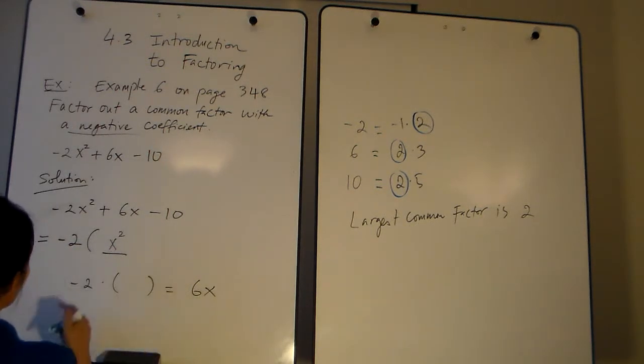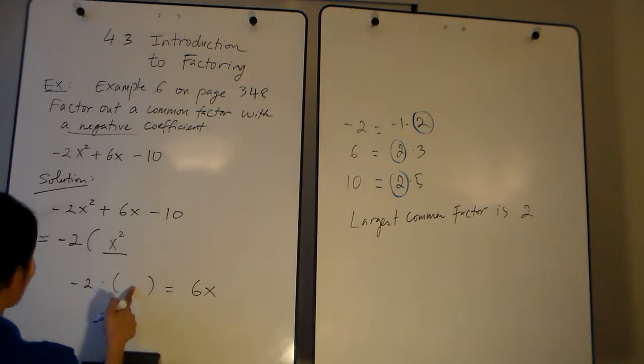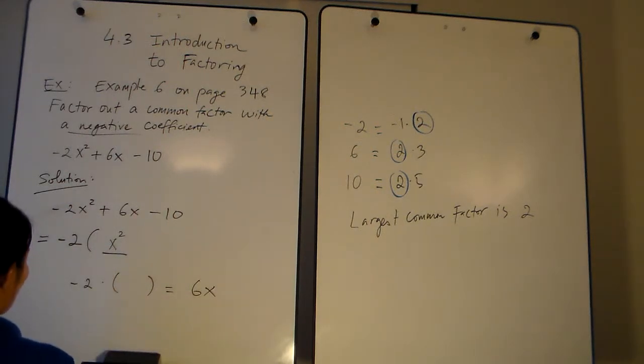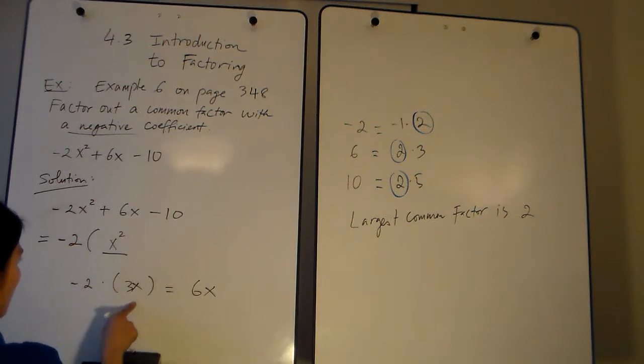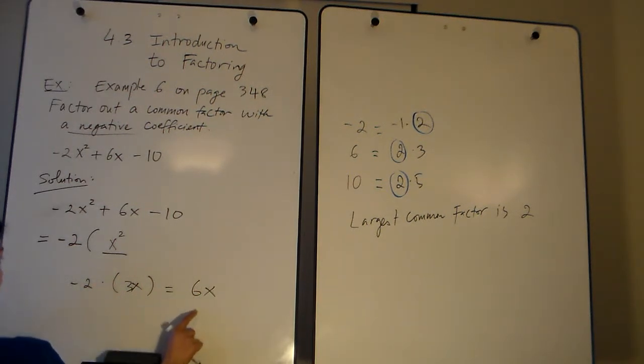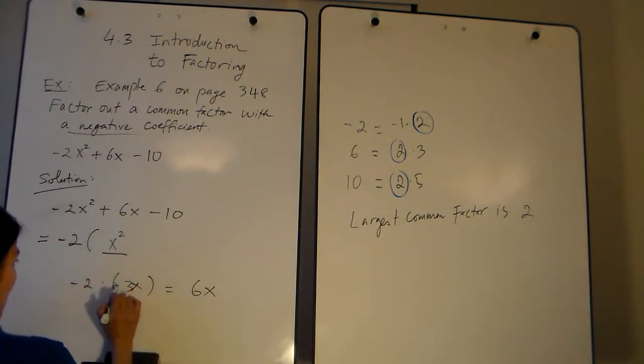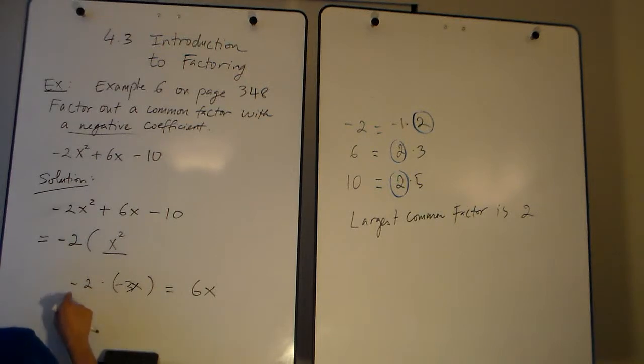Now, for the second term, negative 2 times what number equals 6x? Got to be 3x, right? So you have negative 2 times 3x is, oh, by the way, not yet. Negative 2 times what equals positive 6x? It's got to be a negative value, right? Because negative times negative is positive.